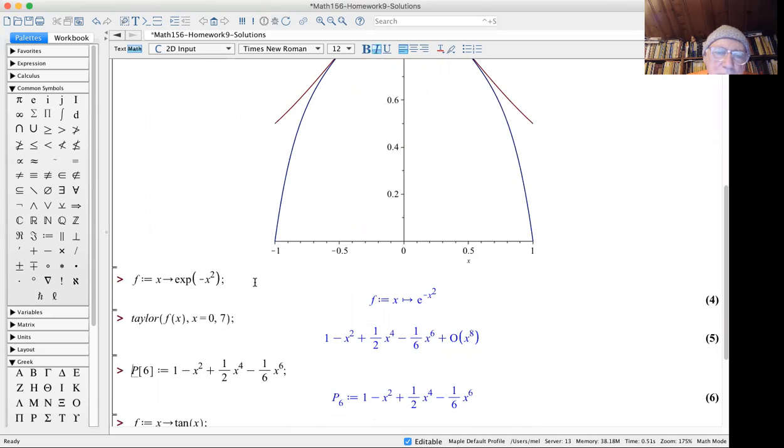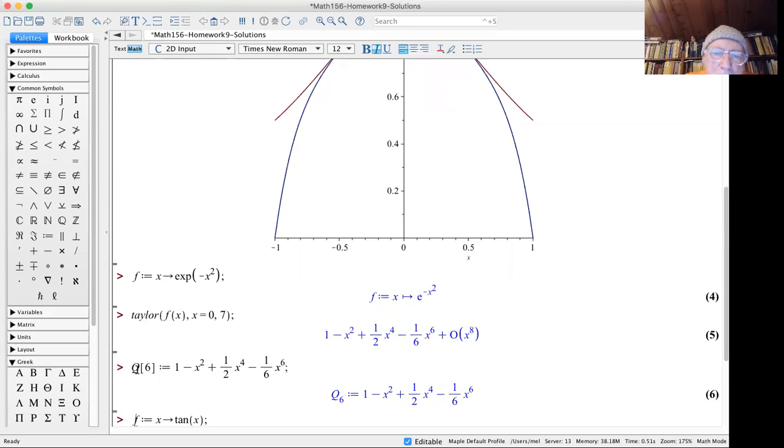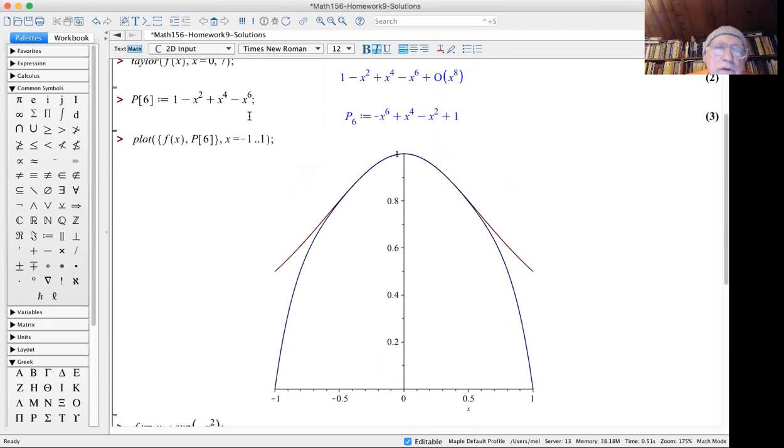Next we have the function e to the minus x squared. Let me call this polynomial Q. And again, let's look at the two of them together.